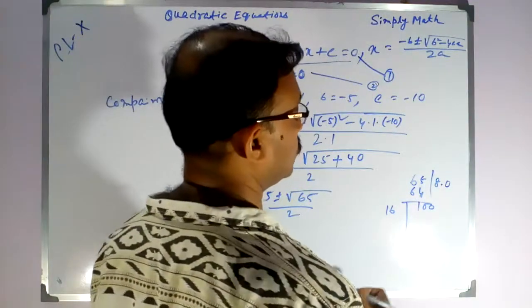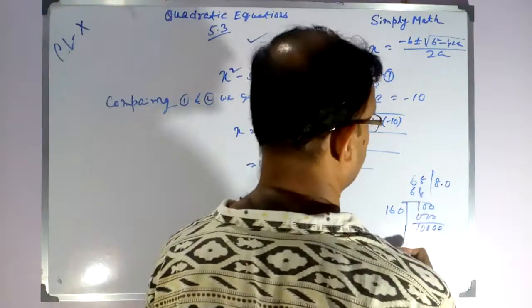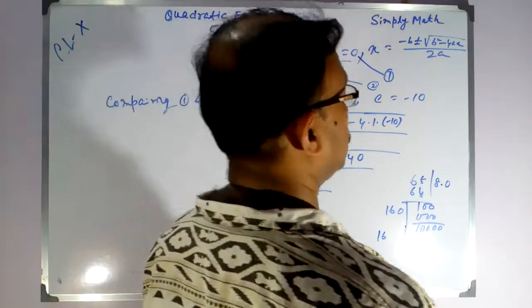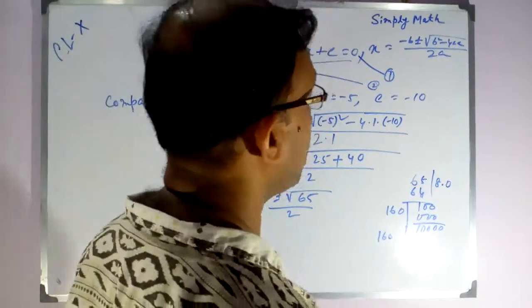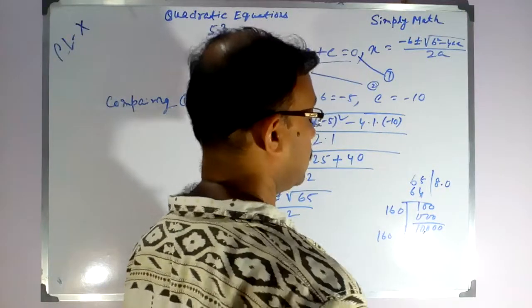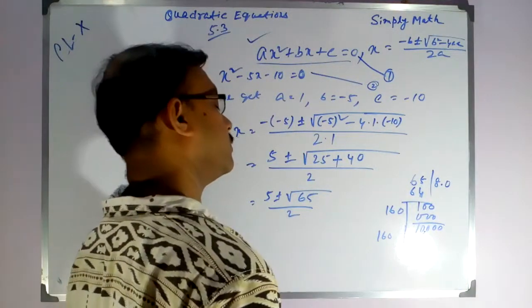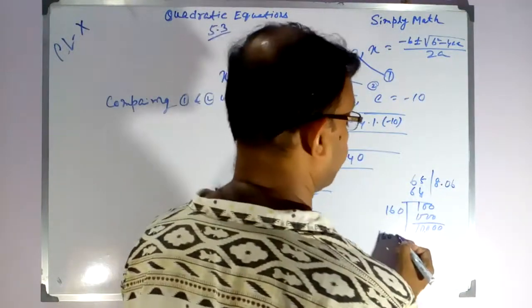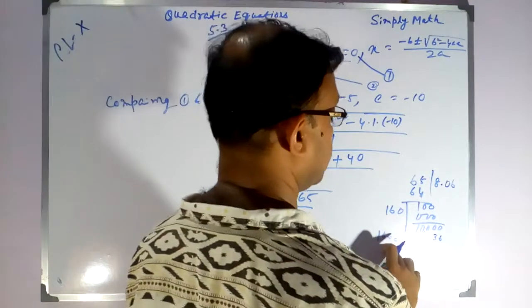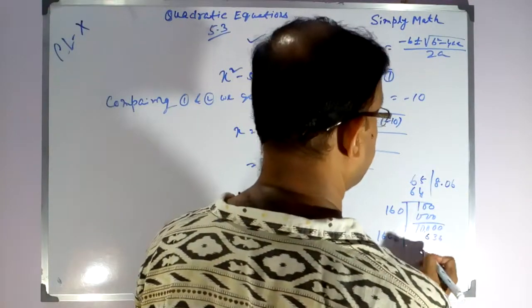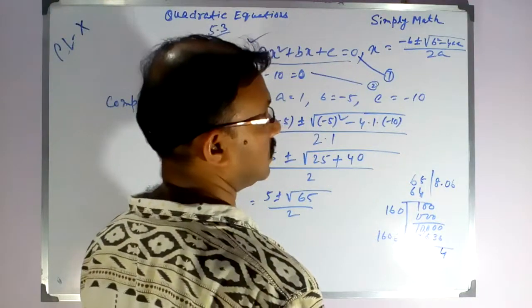So 0. 80 and 60, 160. Then 10,000. Hence 6. 6, 36, 6, 36, 96, 4, 7.